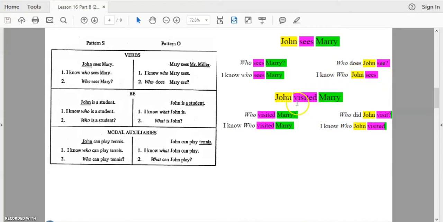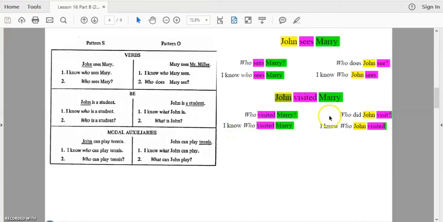For the other form, this is simple past tense. We can say John visited Mary. John is the subject, visited is the verb and Mary is the object. In pattern S, we just replace John with the WH question. So the sentence is "Who visited Mary?" And the other statement is "I know who visited Mary."